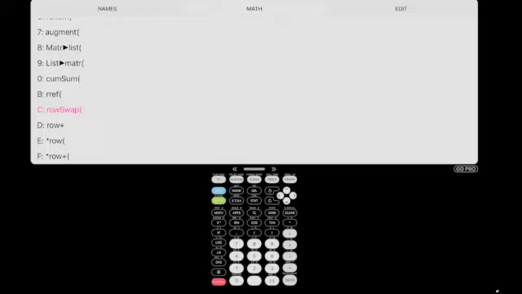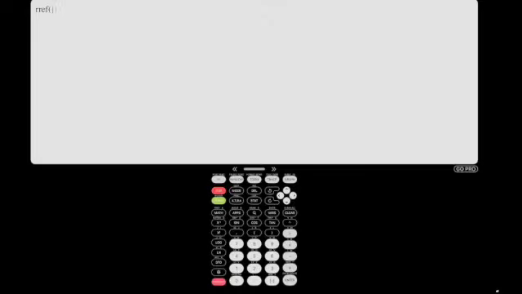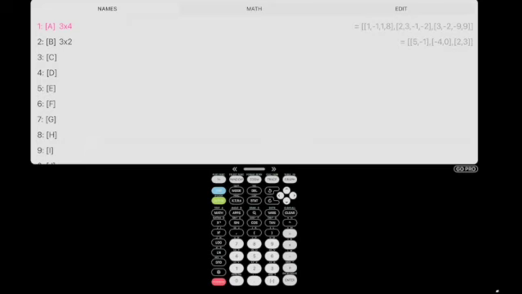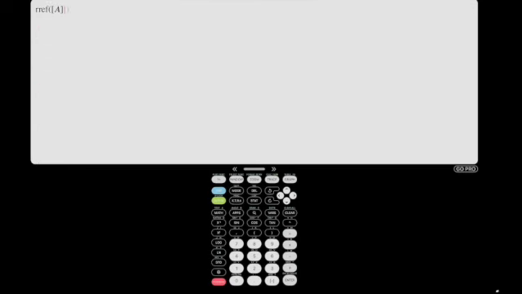Most calculators have just an REF, but I do see an RREF. So I'm going to go for that one because it's even better than REF. Okay. So it's RREF. I'll talk about what that means in a second. And then I'm going to insert, so second matrix, and I'm going to insert that matrix A that I already had. Okay. And I get this.